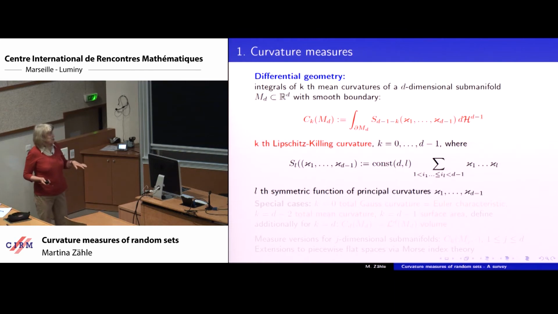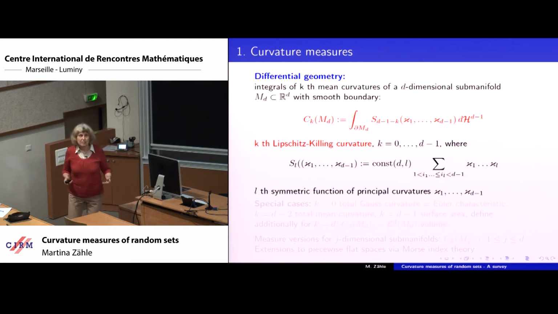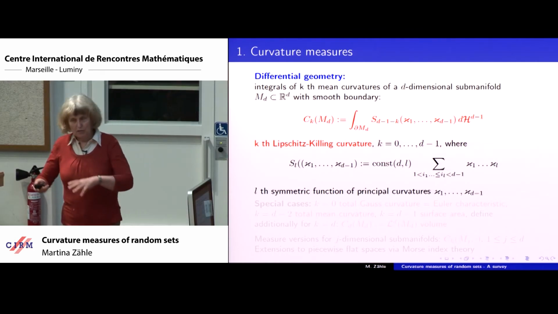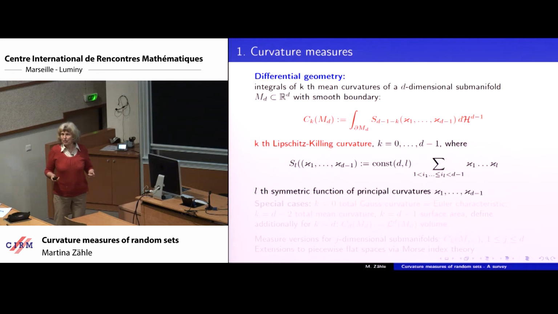For simplicity, I consider only the case of full-dimensional manifolds with a smooth boundary. This is denoted here by M^d, a d-dimensional manifold, a bounded domain with smooth boundary.